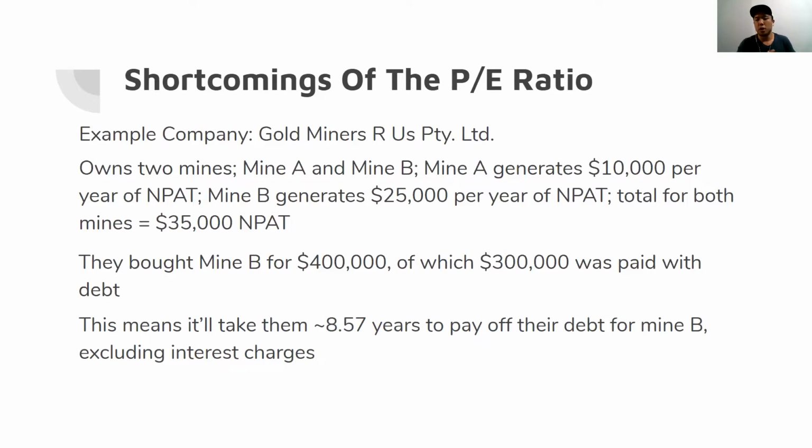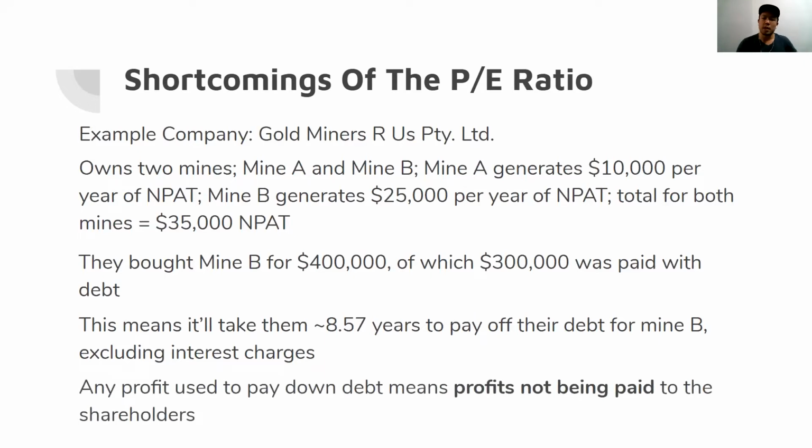I'd imagine they'll charge 5-6% interest. So they'll be using their net profit to pay off the debt, the interest and any associated fees. What this means for the shareholders is that any profits being used to pay down debt or other obligations like interest are profits not being paid to you.